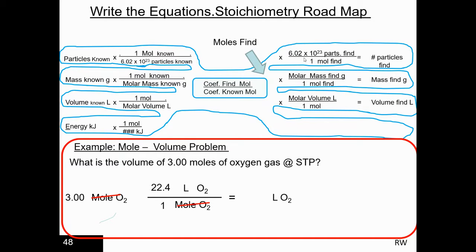So your units cancel, the moles of oxygen cancel. And so stop the tape, do the math, come back when you have an answer. All right, so the answer is 67.2 liters of O2 gas.